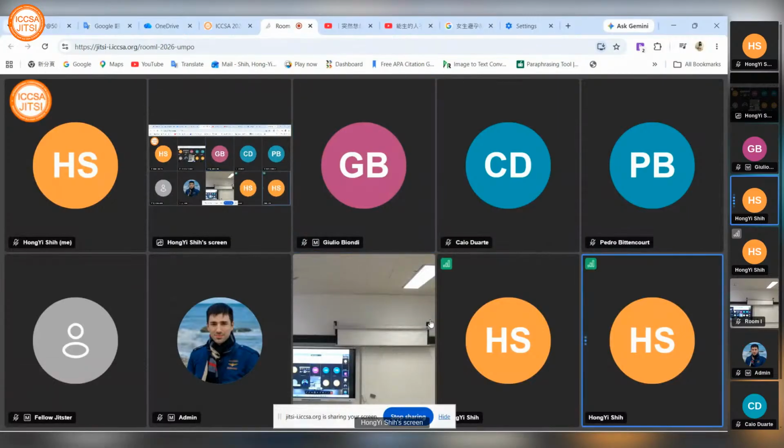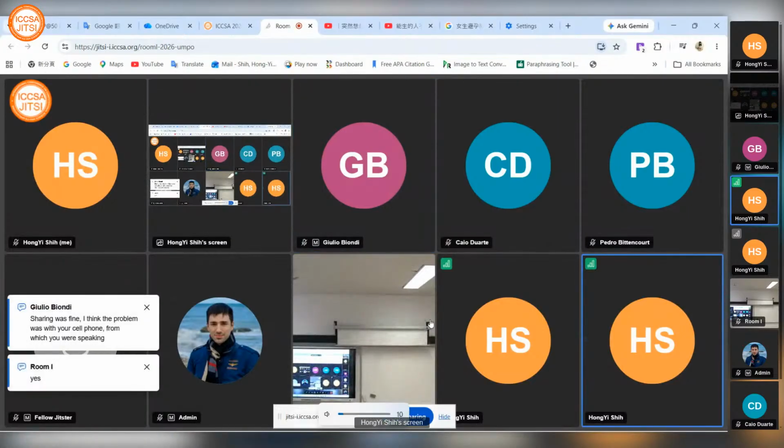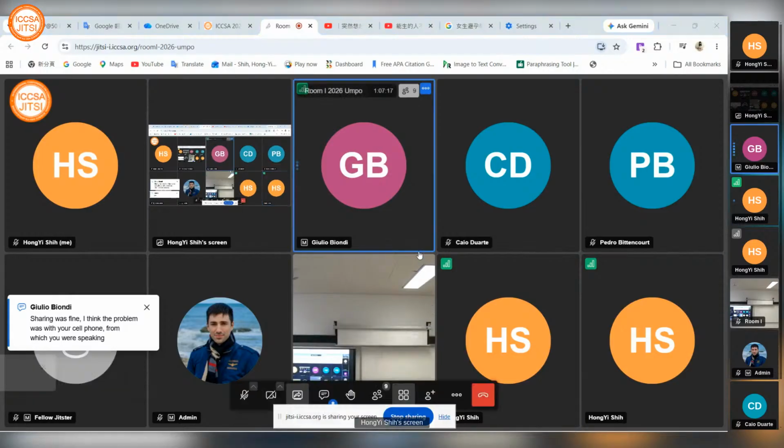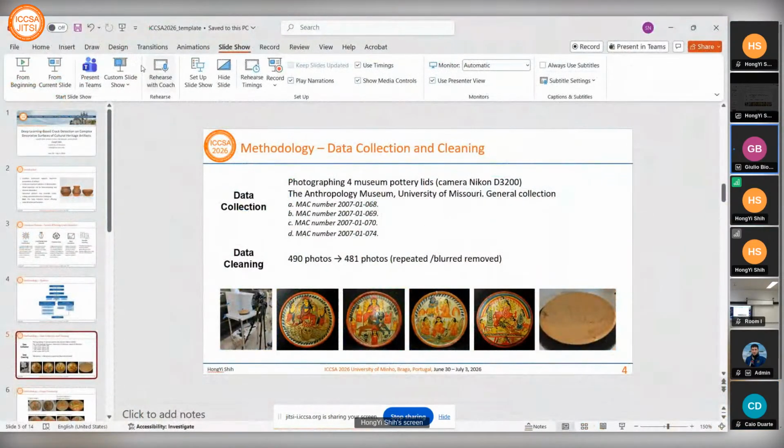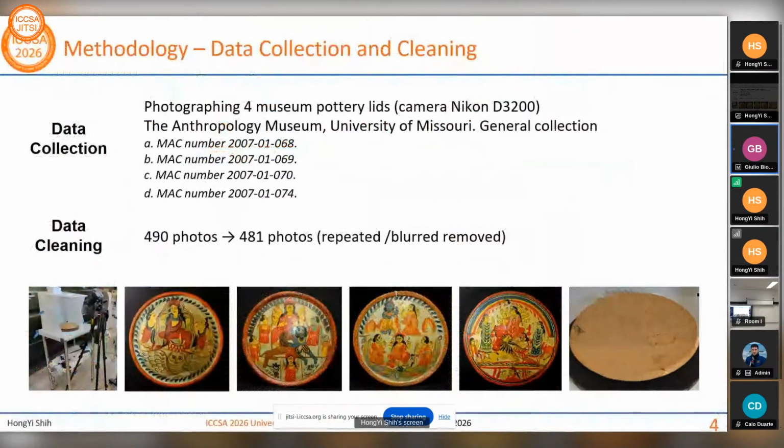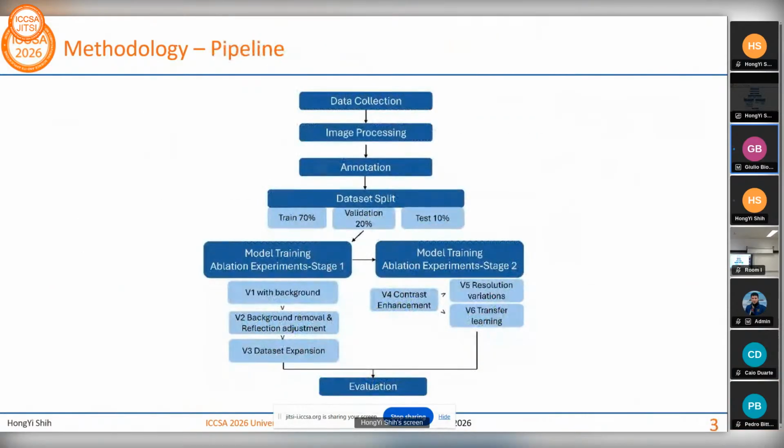Hello, can you hear me now? Yes, we can hear you now. The screen sharing was perfectly fine. I think the problem was just with your microphone and camera. Perhaps some kind of standby in your phone. Try to keep your phone active. No problem. Okay, can you see my slide now? Yeah, we can see it. You can start from the previous slide, I guess, because we couldn't hear you.